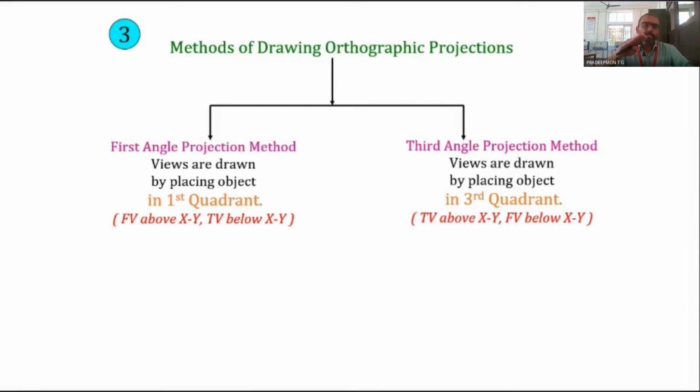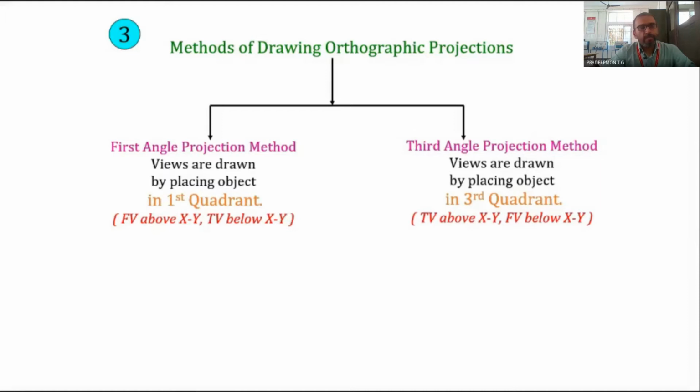And behind VP means the top view will be above the XY line. That means both the views will be above the XY line. If we draw the projections, the front view as well as the top view will be above the XY line. Obviously, the drawings will be overlapping. Both the views will be overlapping. That is really an inconvenience. So that is why the second angle projection is not being used.